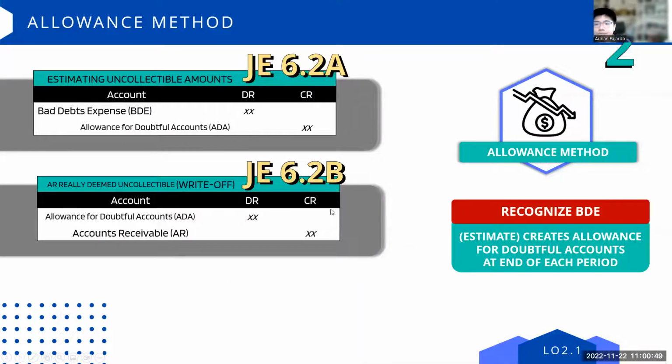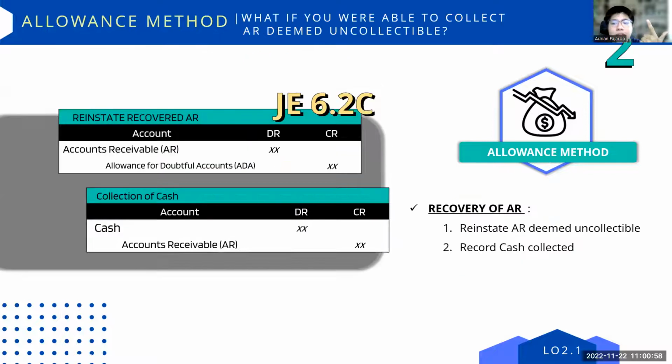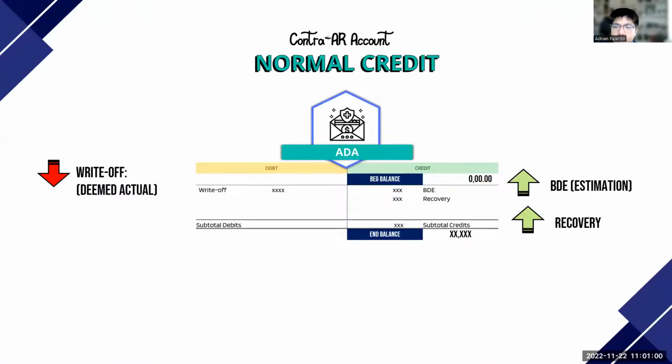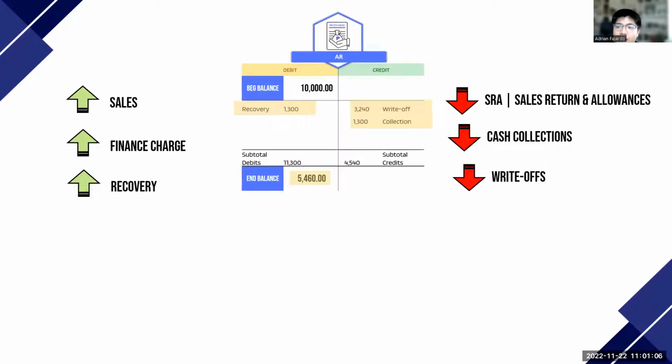So in summary, in allowance method, please memorize the journal entries when it's an estimated loss, when it's a write-off, and then pag recovery. And then its effects in the T accounts. So yung effects sa T accounts ng ADA, and then yung effects sa T accounts ng AR.